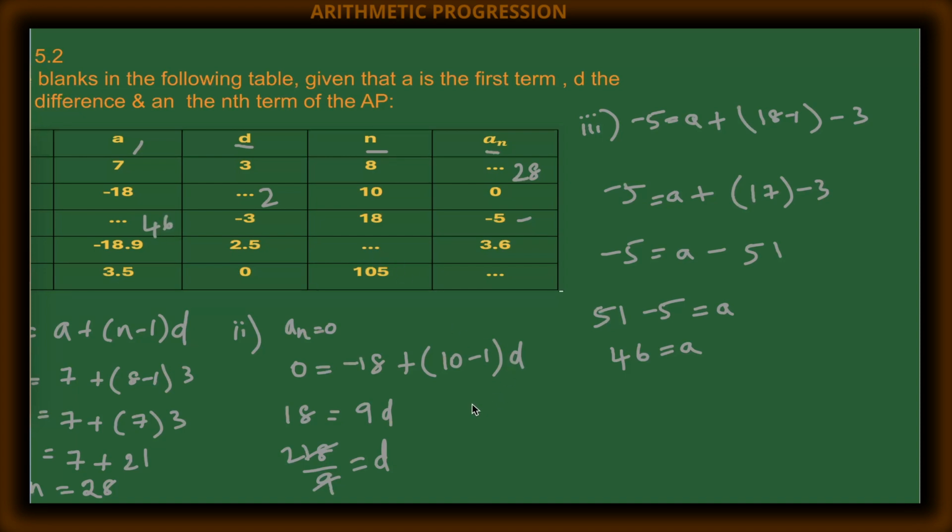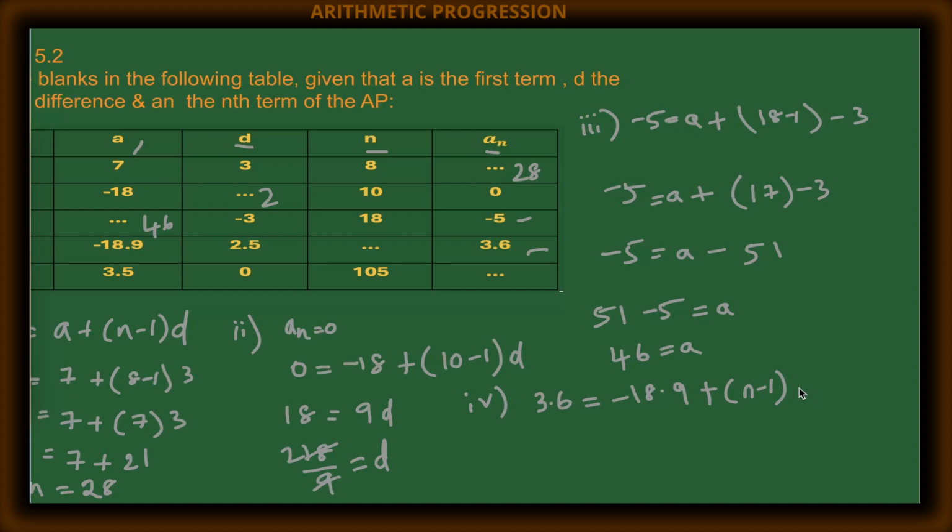Okay, so let's solve the other one, the fourth one. So what is an? This is the one which we're solving. an is 3.6. Is a given? Yes, minus 18.9. Okay, plus, is n given? n is the one which we need to find. n minus 1.